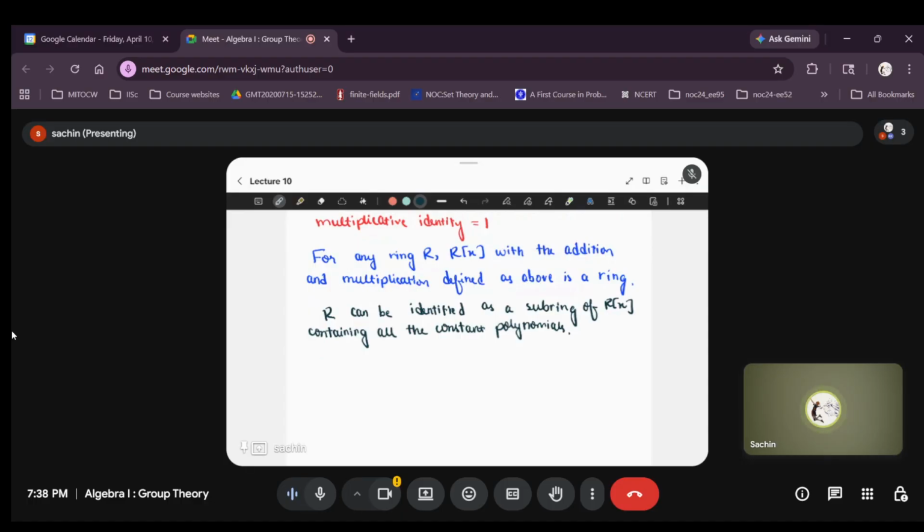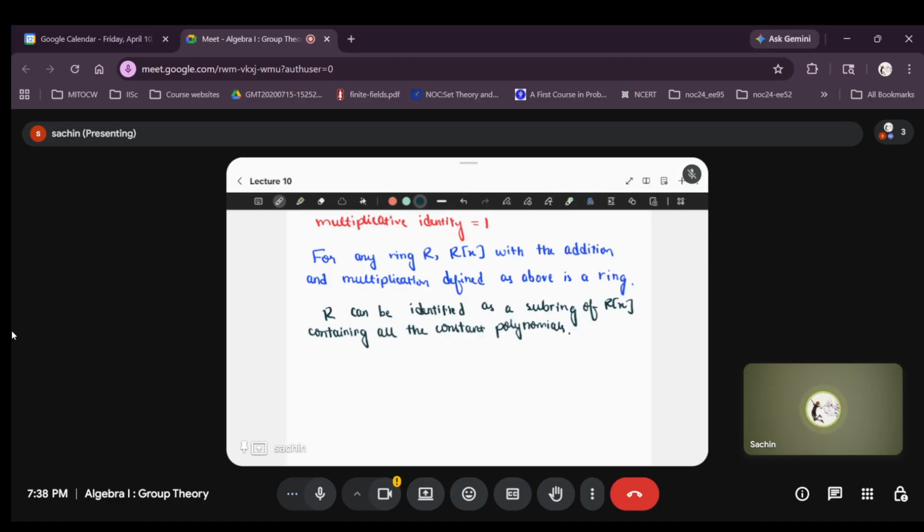And similar to how we took the equivalence classes Z mod nZ, under the congruence modulo n relation, containing all the equivalence classes from 0 bar, 1 bar up to n minus 1 bar, we can define congruency of two polynomials and the equivalence classes of polynomials of degree less than something.